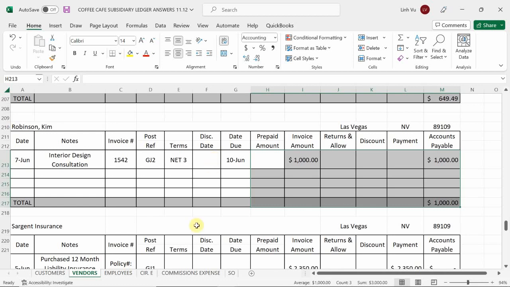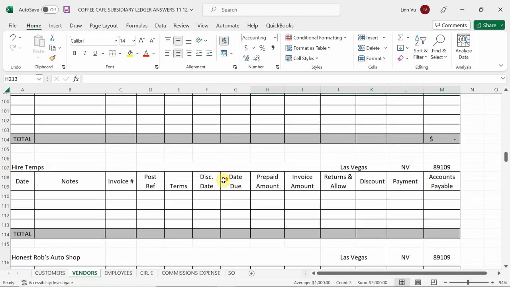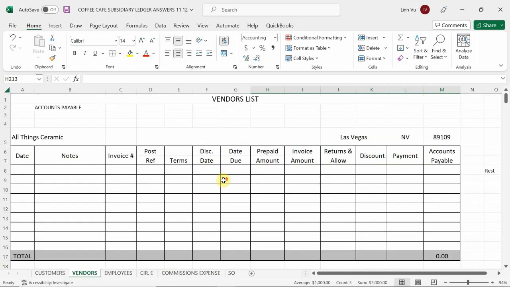But then again, if you were to do that, you need to also set up a today date formula. So then when you open up your Excel spreadsheet, it's looking at the day that you do that. But remember, we're looking at a transaction that happened in the past. So that's also one thing you have to be mindful of: it's going to take into consideration today's date and flag you on everything.